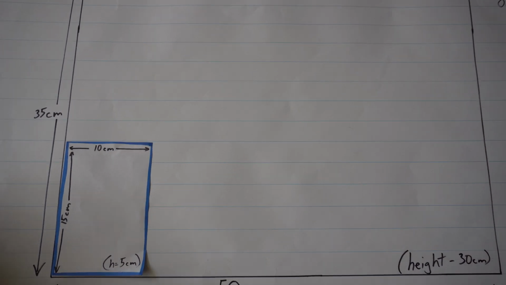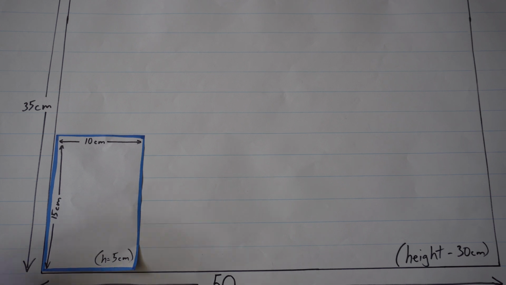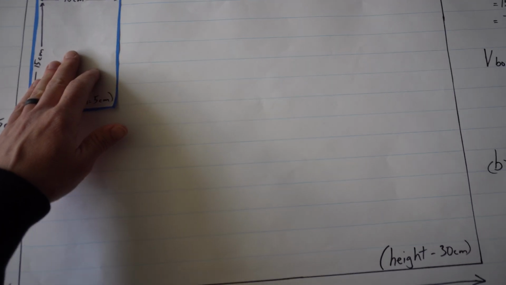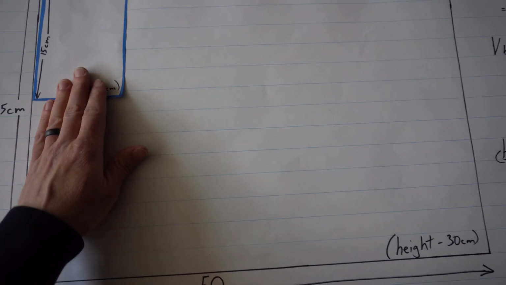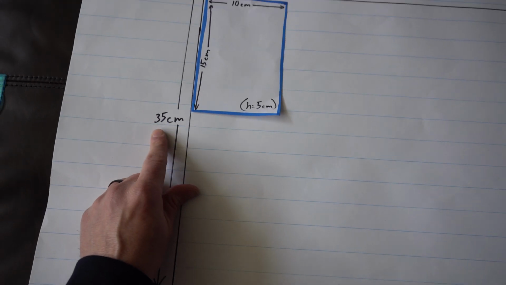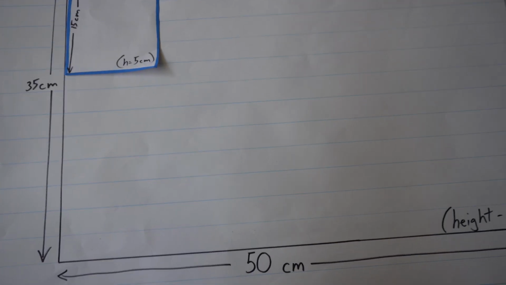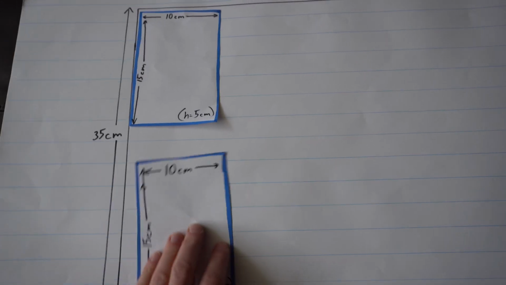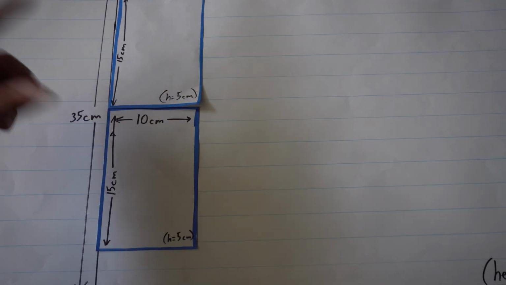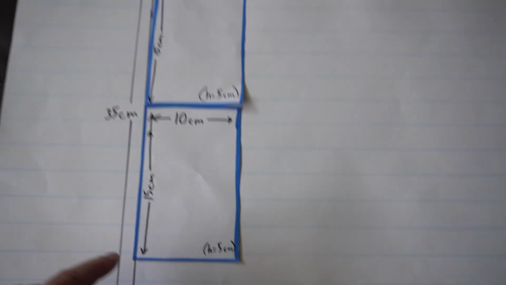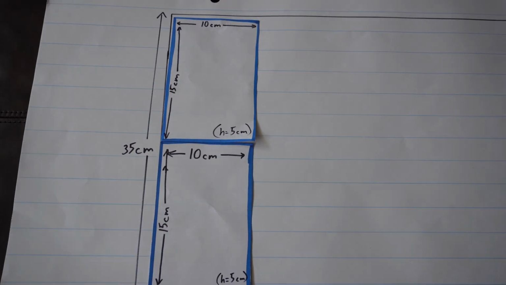So the first way I call the portrait way, where I orient the blocks portrait style. I know here that my width is 35 centimeters, so yes, I can do this in my head. 15 and 15 works out to 30, so I know I can fit 2 blocks portrait style.